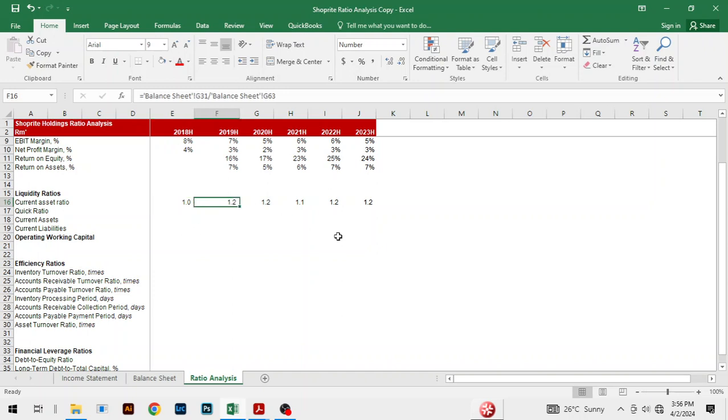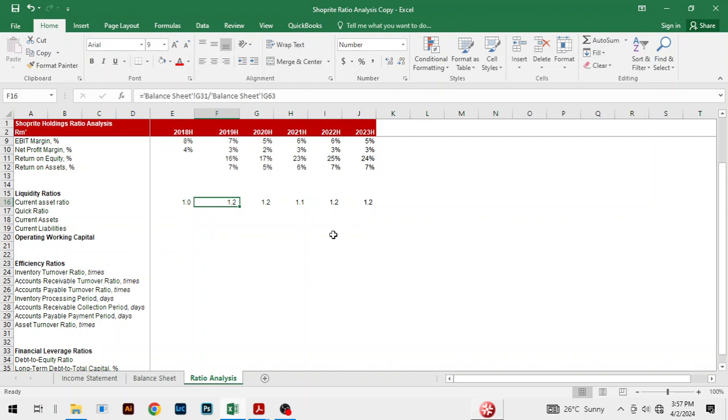But here we are saying it's got 1.2, so $1.2 which could cover $1 of current liabilities. So a current asset ratio greater than 1, I think, is reasonable. Looking at the Shoprite Holdings current asset ratio, it's not that bad.